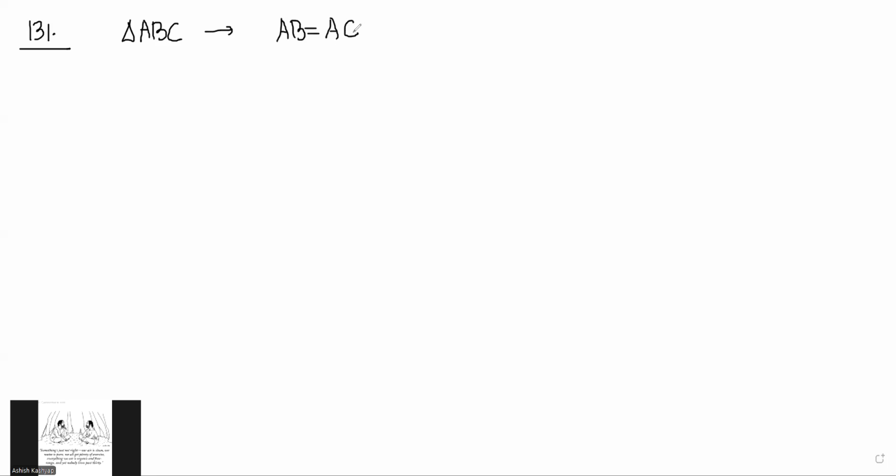So what is the next one? Tell me. Sir, 131. Triangle ABC is isosceles, AB is equal to AC, angle BAC is equal to 20 degrees.